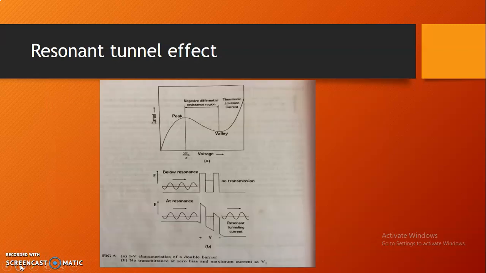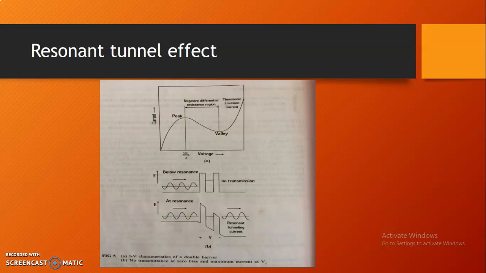Now, this is the IV characteristics of the double barrier. There is no transmittance at zero bias and maximum at V1. This is the figure that depicts the resonant tunnel effect.